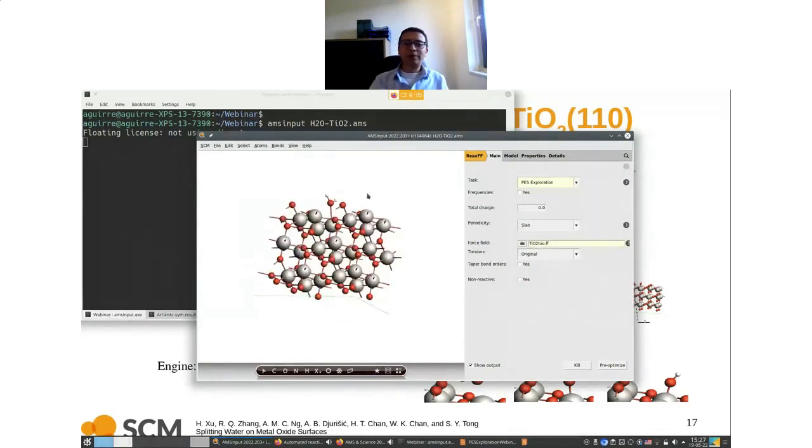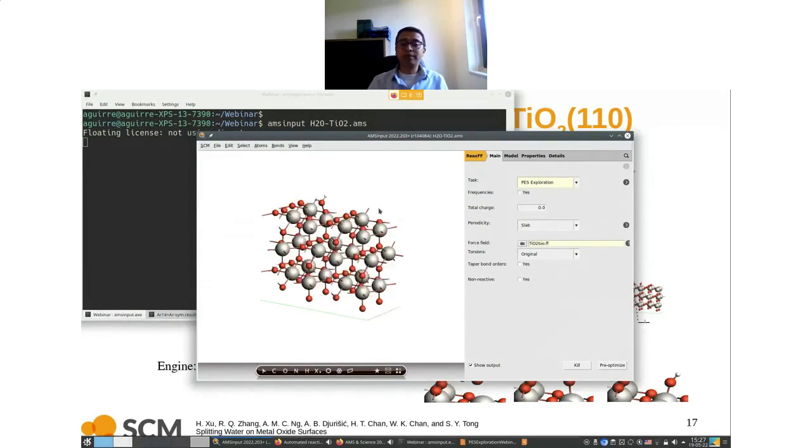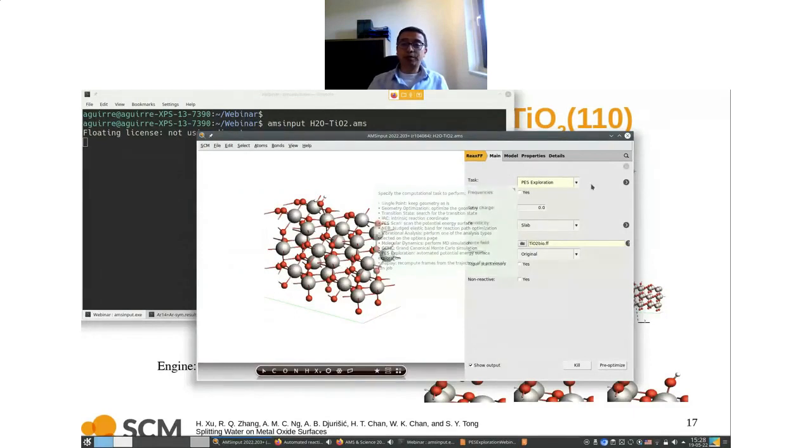Okay, here I just prepared the initial structure, and I just put the water molecule in some place randomly. I select the best exploration method using ReactFF with this force field, TiO2 BOFF.